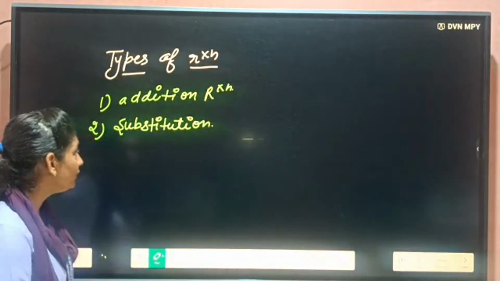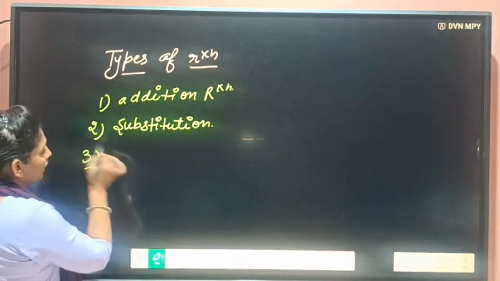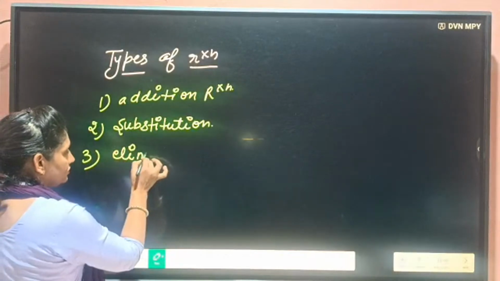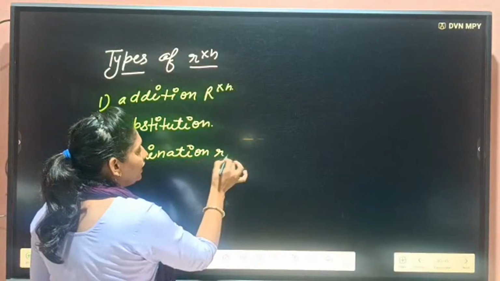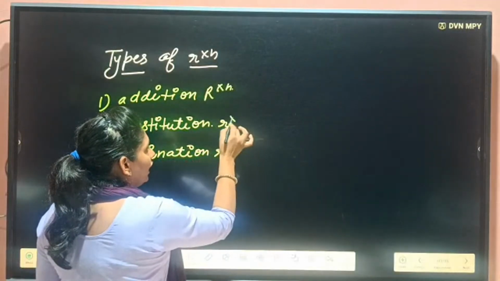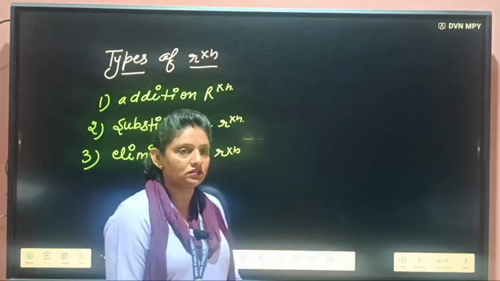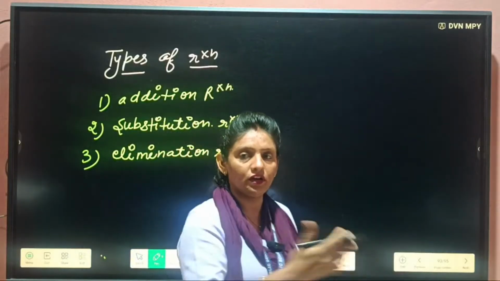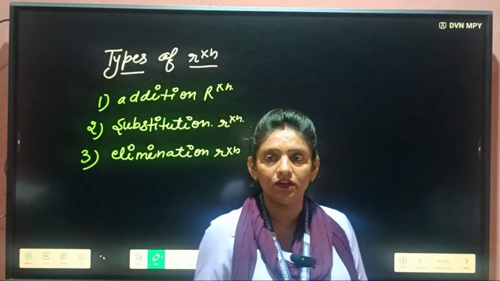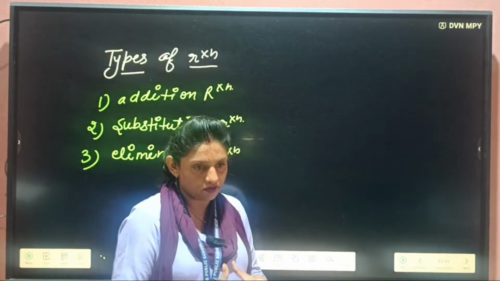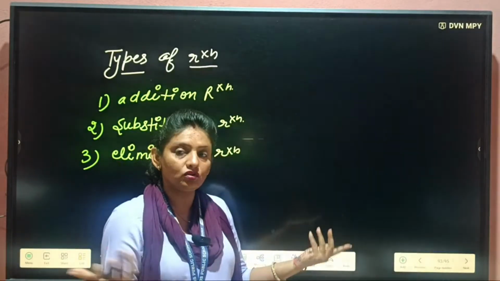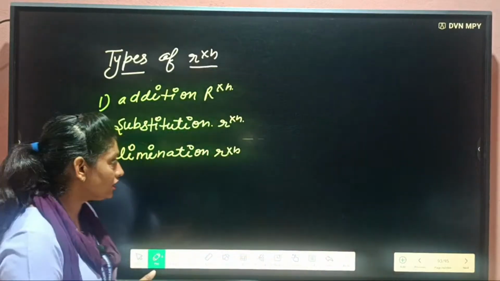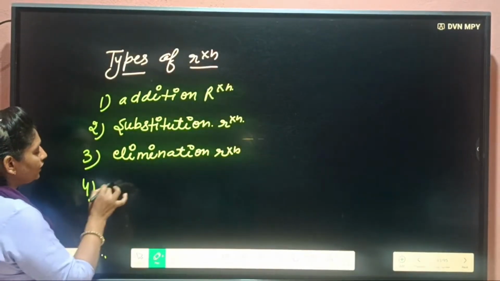Then elimination reactions. In some reactions, elimination of water takes place, elimination of carbon dioxide, ammonia. Means if any molecule is separated out, then it is known as an elimination reaction. Rearrangement reaction.